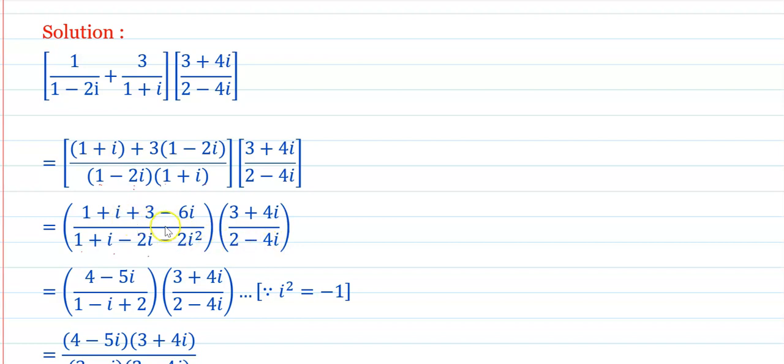Okay. A simplification करता 1 plus 3 you will get 4. i minus 6i you will get minus 5i. Next 1, keep this as it is. i minus 2i you will get minus i. Minus 2i square. i square is minus 1 and that minus and minus will become plus. Therefore you will get here 2. 1 plus 2, 3. 3 minus i.